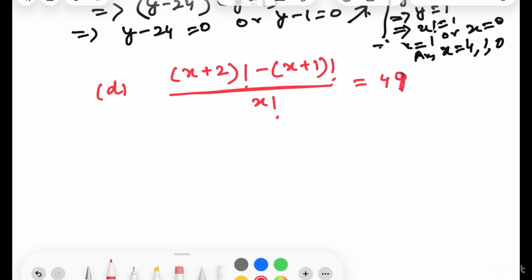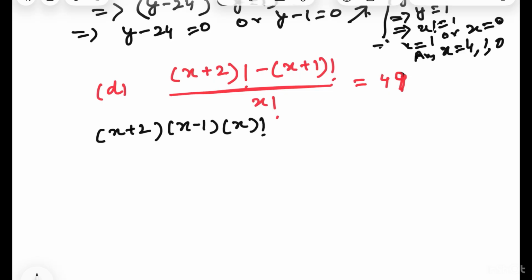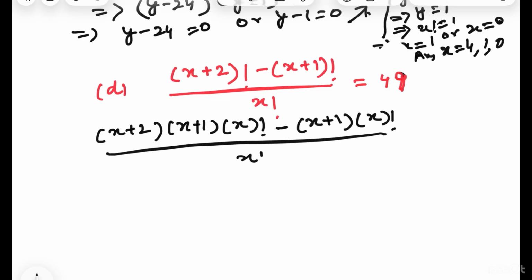Now when I will do this question, देखिए x factorial है डिनोमिनेटर में, यहाँ पर आपका x plus 2 factorial, this I can write x plus 2 into x plus 1 into x factorial minus x plus 1 into x factorial, upon x factorial is equal to 49.